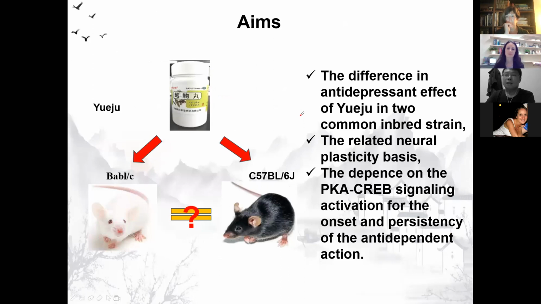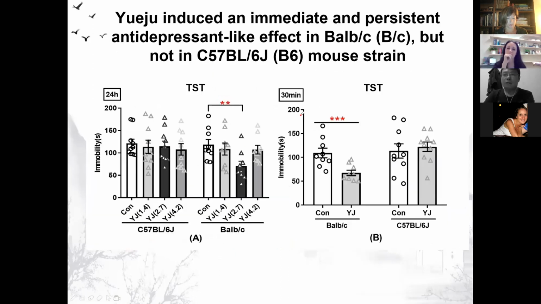Here we assessed the difference in antidepressant-like effect of yuezhi in 2 common inbred strains, including BALB/c and B6, and investigated the underlying PKA-CREB signaling and related electrophysiological basis. We found that a single dose of yuezhi produced an immediate and persistent antidepressant-like effect only in BALB/c mice, but not in B6J mice, both at 60 minutes and 24 hours after administration.